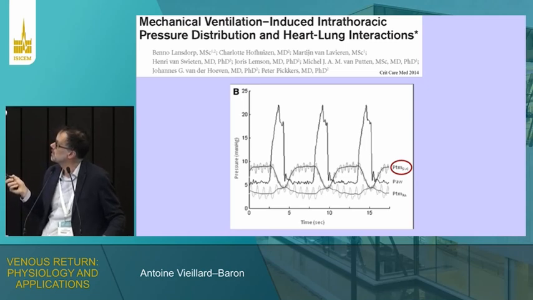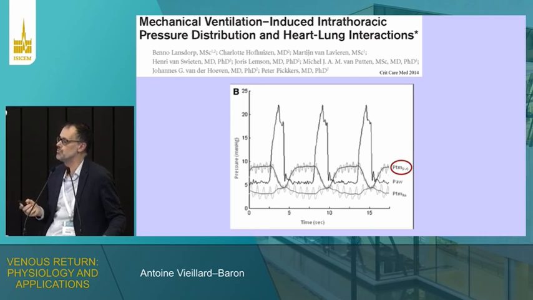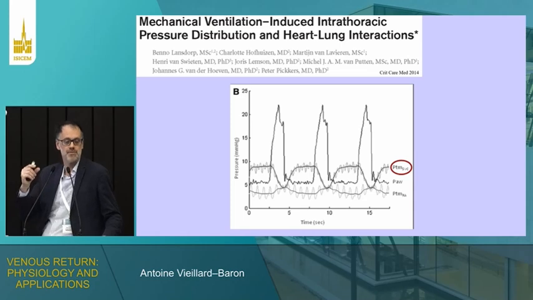And what they calculated here is the transmural pressure of the superior vena cava, which is a great vessel between, let's say, the periphery and the right atrium, across which the flow is moving. And you can see that during each tidal ventilation, this transmural pressure of the superior vena cava dropped very significantly, probably reflecting some collapse and so some increase in the resistance to flow.